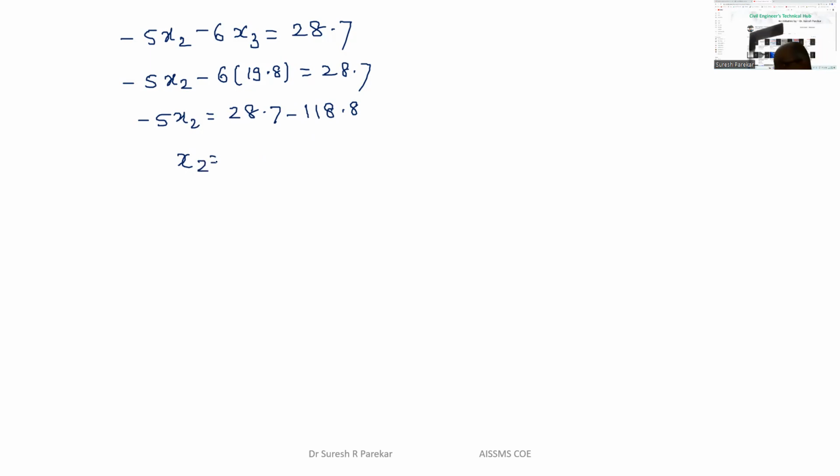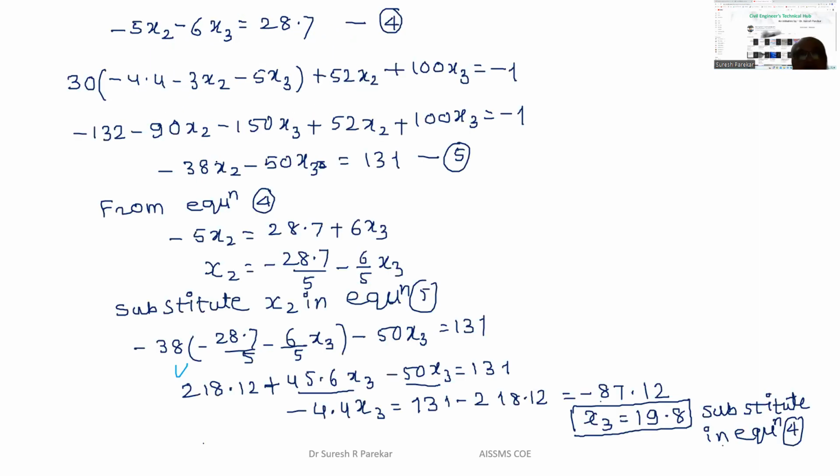So we have this value x2: 28.7 minus 118.8 divided by 5. So actually I have this value, one minute, let me see.